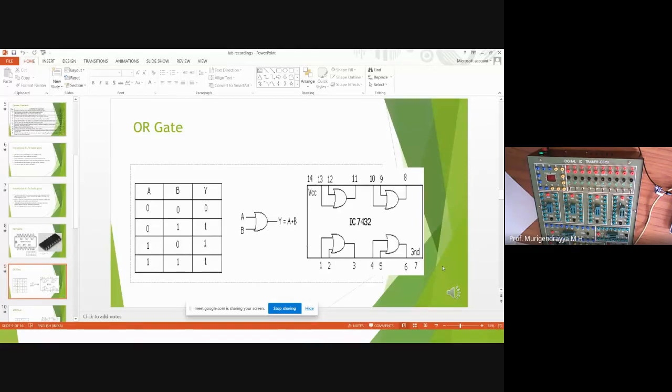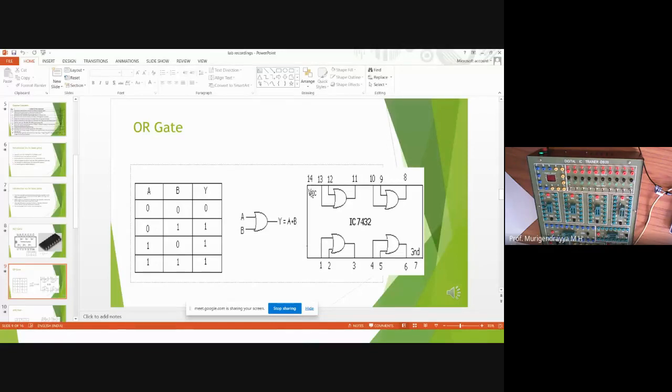The important point we should remember is that each IC should be connected with a ground and VCC. Ground means 0 voltage, and VCC is the plus or high voltage, maybe 5 volts, right? Usually 3 to 5 volts will be there for high logic.